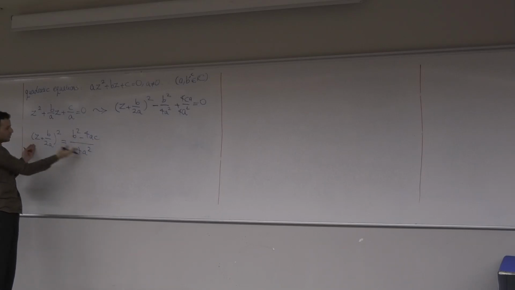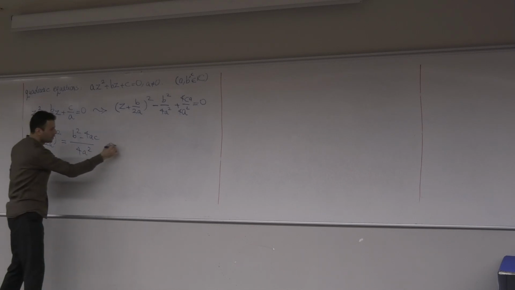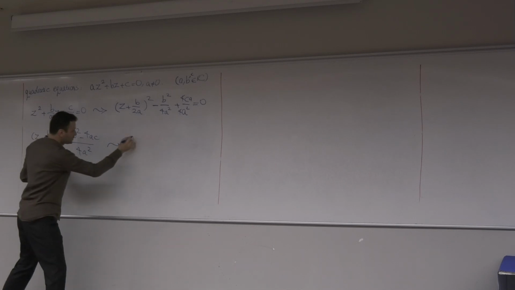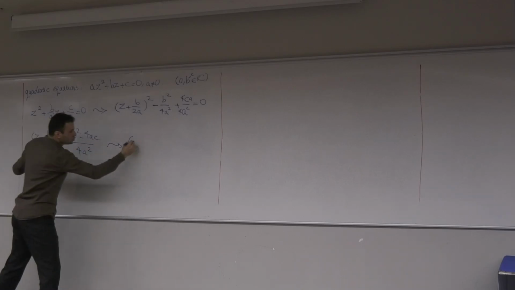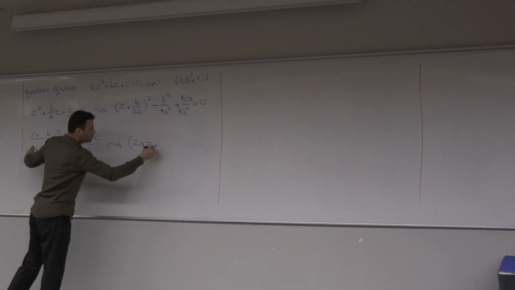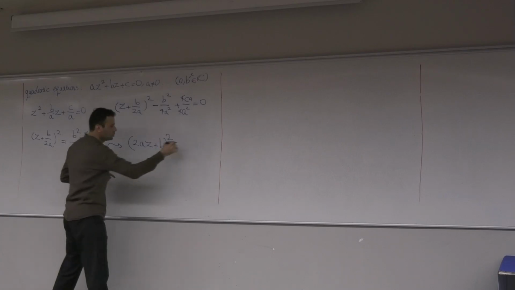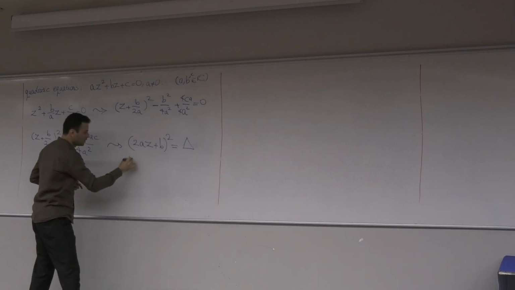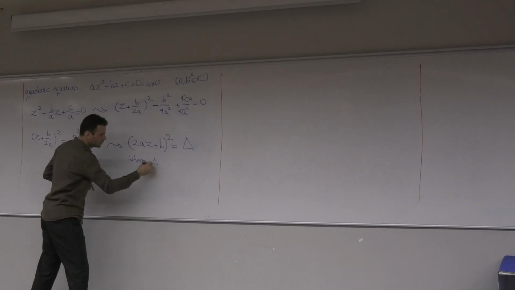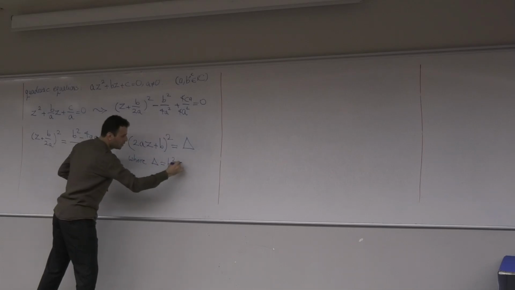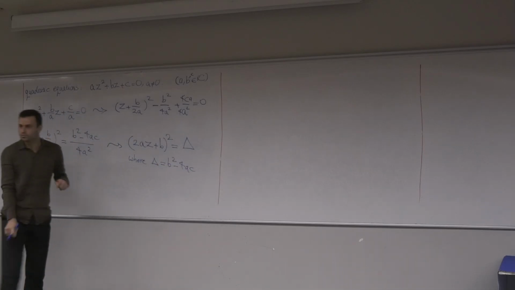So if I multiply both hand sides of this equality with this 4a squared, can I write this as 2az plus b to the power of 2 equal to delta, where our delta is going to be b to the power of 2 minus 4ac.